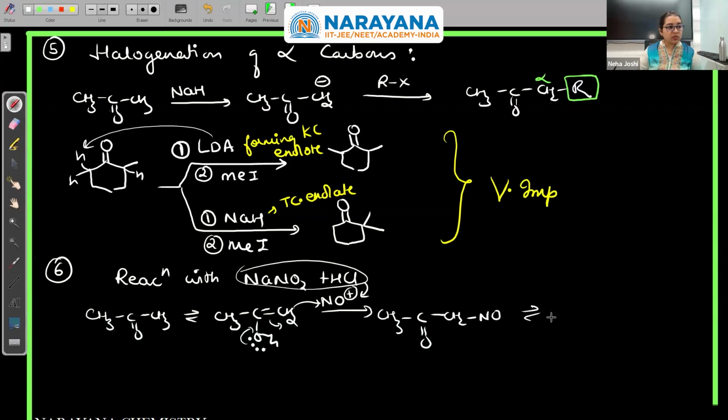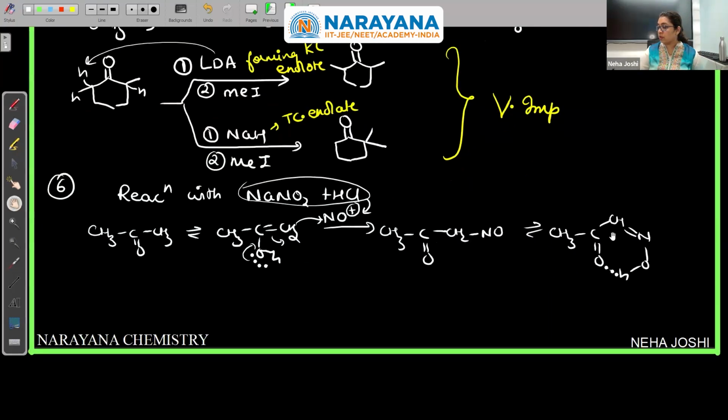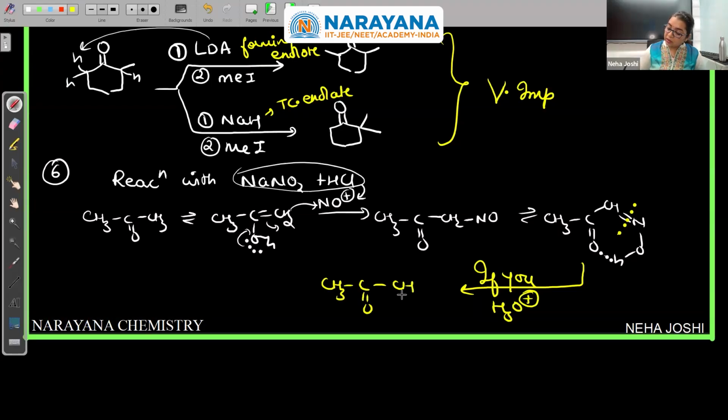Now we have just discussed this will always be in equilibrium, right? Nitroso will not remain nitroso, and here, as it is further an active methylene, it becomes the oxime. Okay, it will be in this tautomeric form. So you will get this as a product. If you hydrolyze with H3O plus, then this will undergo hydrolysis and you can have a new carbonyl formed adjacent to the existing carbonyl.